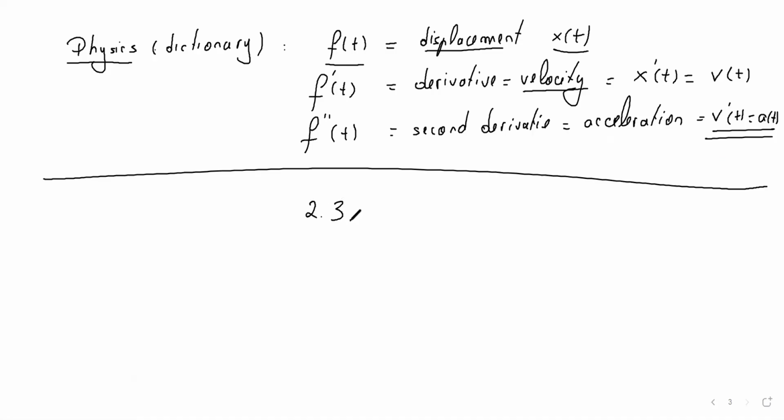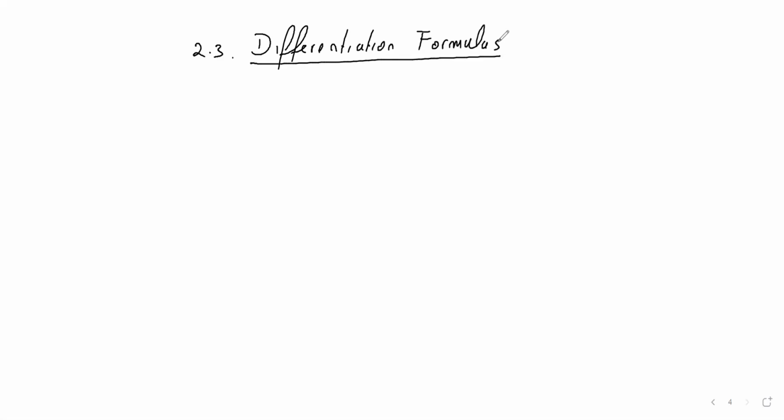And that will be, so you know what, let me move on to a different board here. So 2.3, and that is differentiation formulas. And this is really something, folks. If you become an engineer, maybe people will not ask you anything from 2.2 or 2.1.